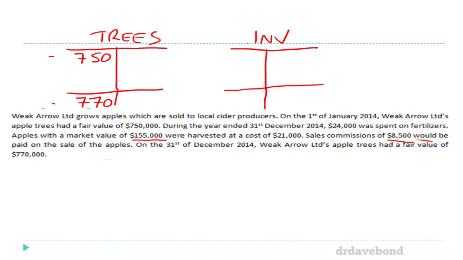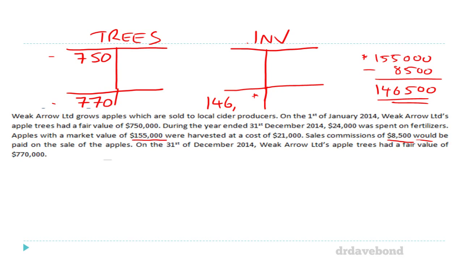So what goes down here is 155 minus... okay, so 155 is the market value. The 8,500 is the expected selling cost. So the fair value less cost to sell is 146,500. So we know the inventory finishes at 146,500.